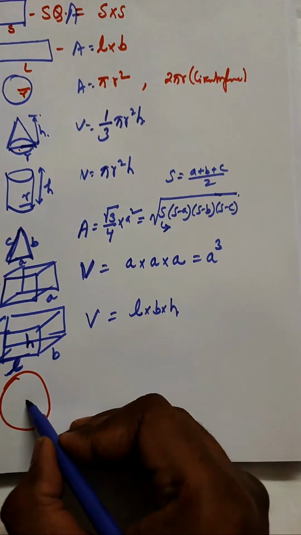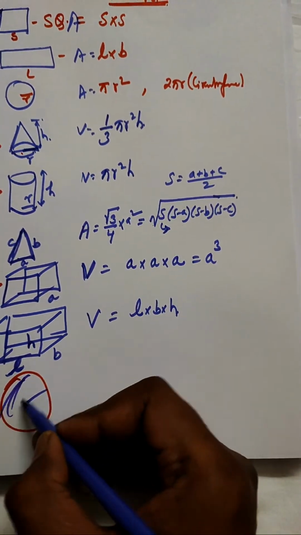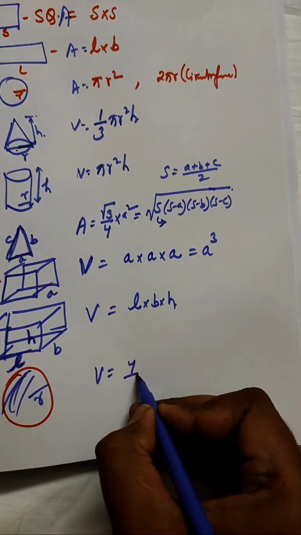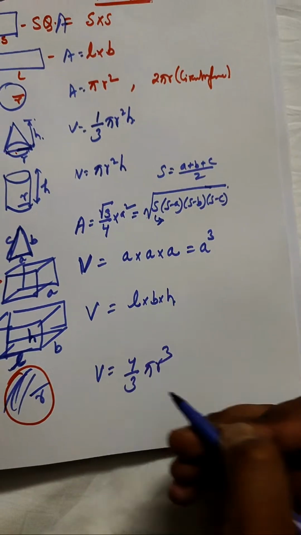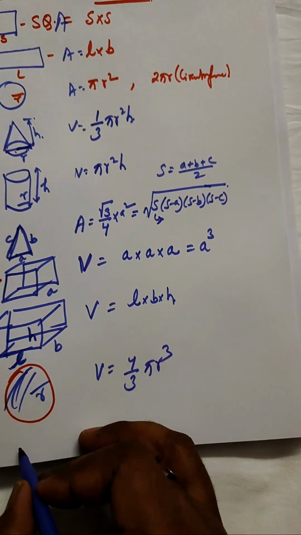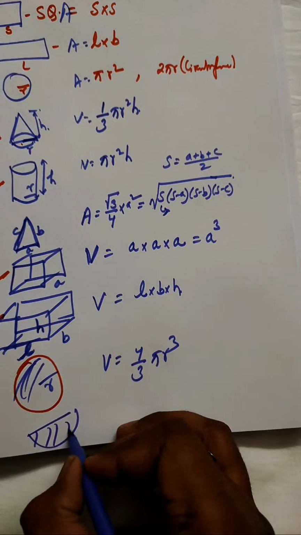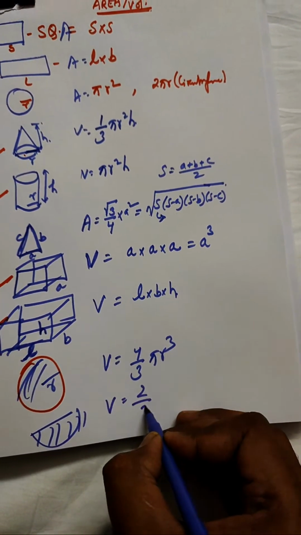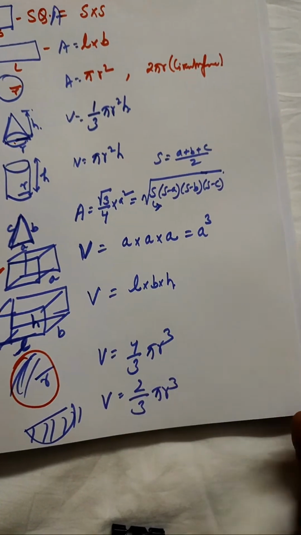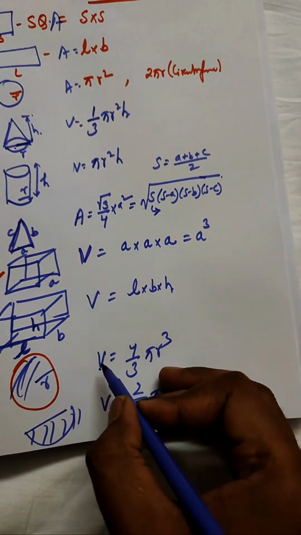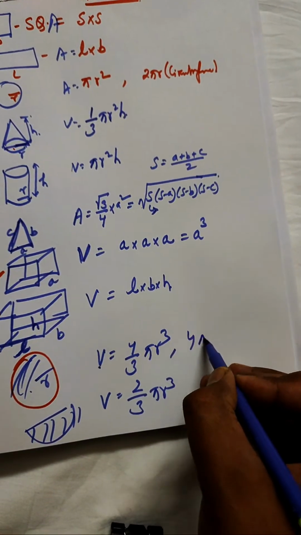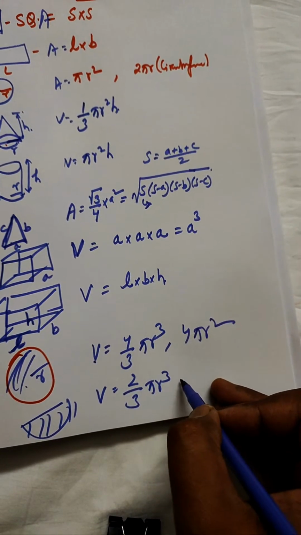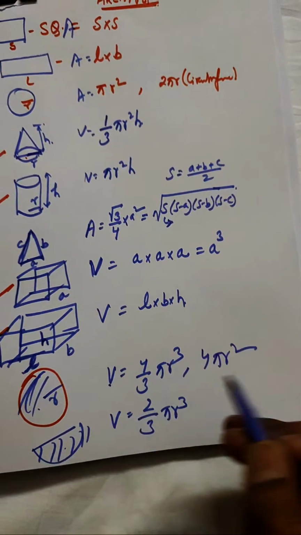Now if we have a sphere with radius r, then the volume of the sphere is equal to 4 by 3 pi r cube. And if we have a hemisphere, the volume is 2 by 3 pi r cube, and the surface area of a sphere is 4 pi r square, and half of that is applicable for a hemisphere.